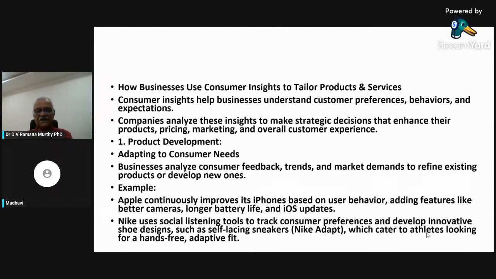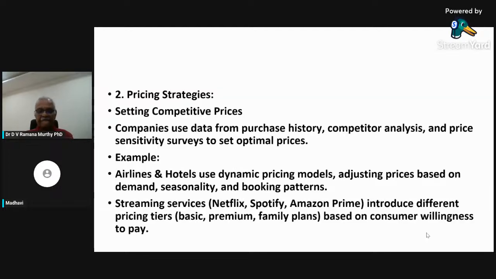Nike sports shoes or sneakers. The data they can have only through customer experience, through collection of customer experience data through market research. So that's how Nike adapts to the markets.